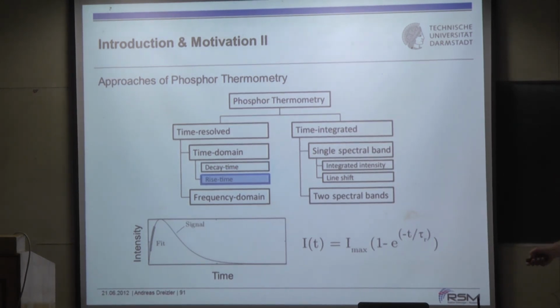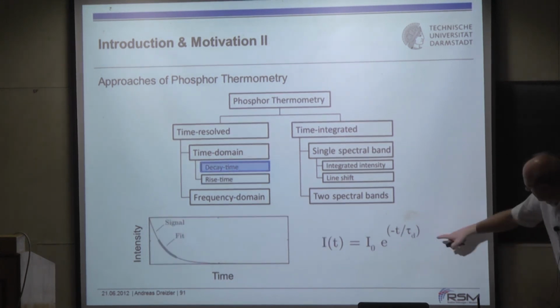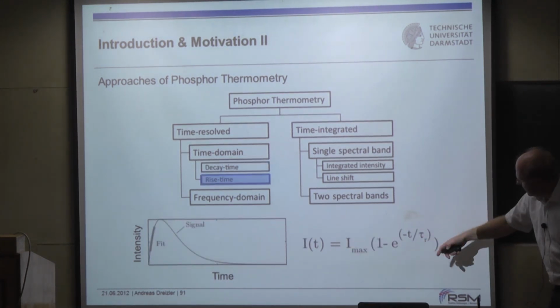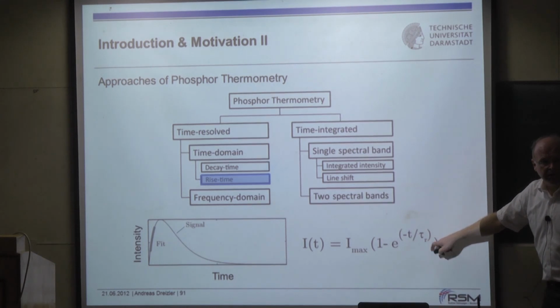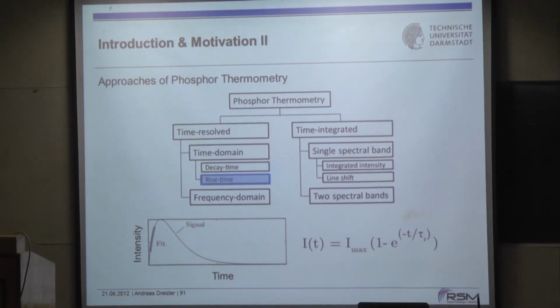People have shown as well that for some phosphors, after excitation, the phosphorescence needs some time to develop. And here, the rise time can be equally fitted, such that instead of the decay time, you have a rise time, tau R. That is well temperature sensitive. But this is only for very few phosphors, and it's not used in practice.